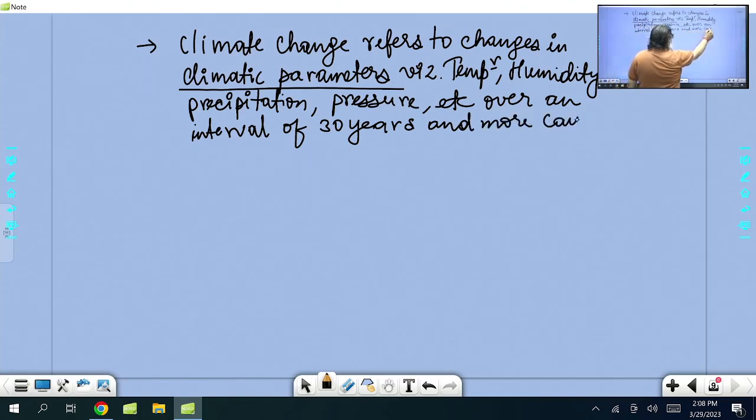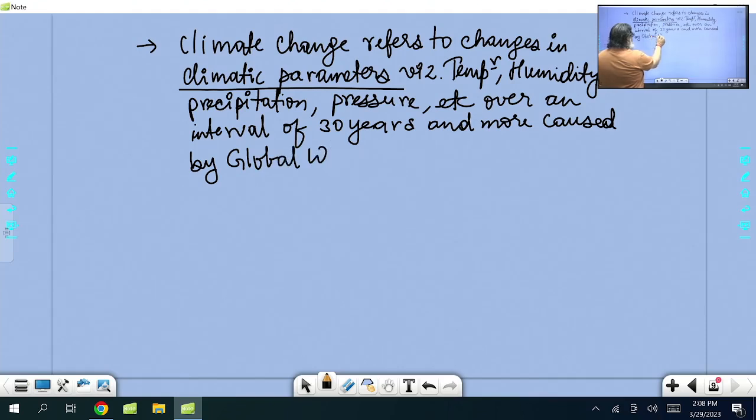And why has it been happening? This is being caused by global warming. So global warming is resulting in changes in climatic conditions, and global warming is the increase in temperature of Earth's surface because of the greenhouse effect caused by greenhouse gases.